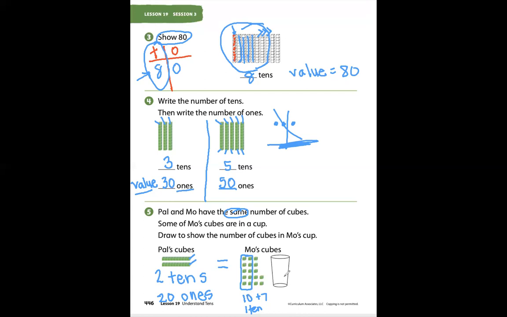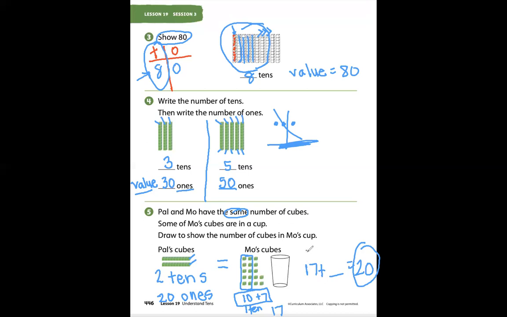How many are hidden in the cup? Well, what is that team number that we made? Right, we have 17, but since they have the same amount, we need to count up. 17 plus what equals 20? Because we know that 20 is what Pal has, and we know that Mo has the same amount, right?